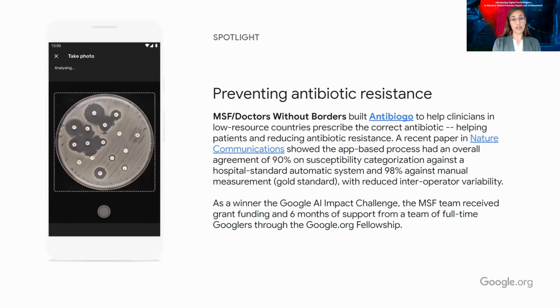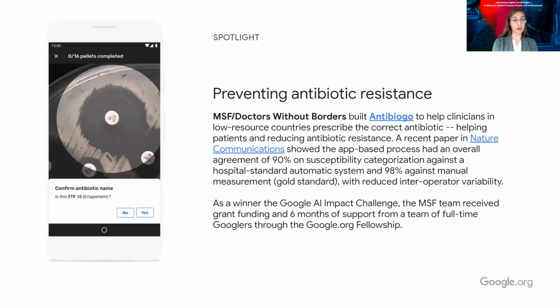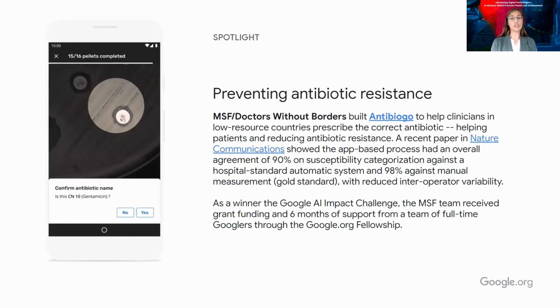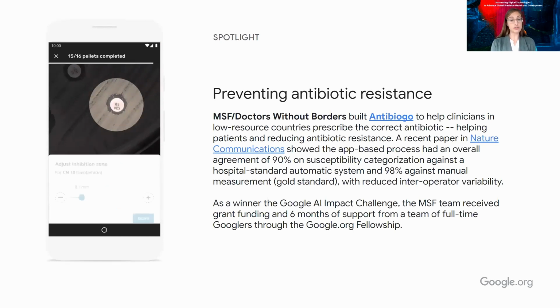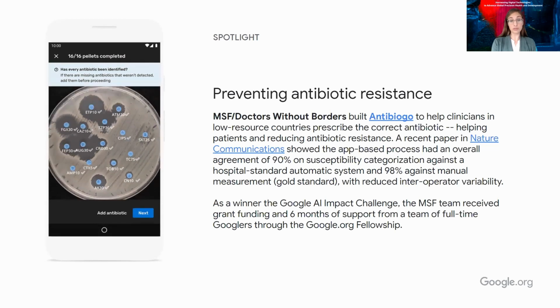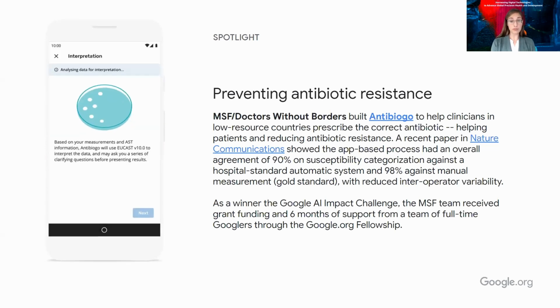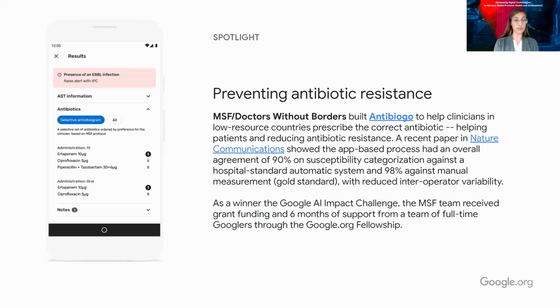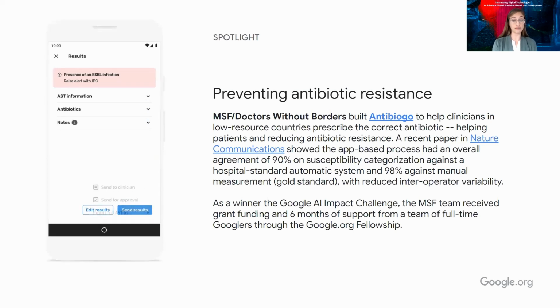The next example that I'd like to share is focused on the problem of antimicrobial and antibacterial resistance. Obviously, bacteria and viruses are always changing, and some have adapted so that the medical treatments we typically use are not necessarily able to be used. Some reports suggest that the number of deaths attributable to antimicrobial resistance by 2050 could be as high as 10 million if we don't take action.